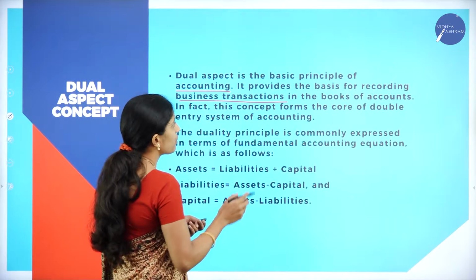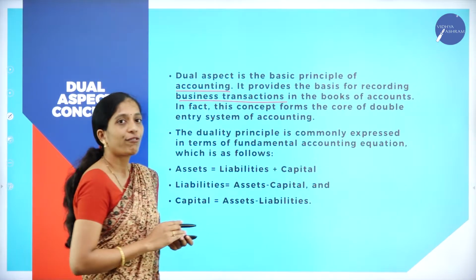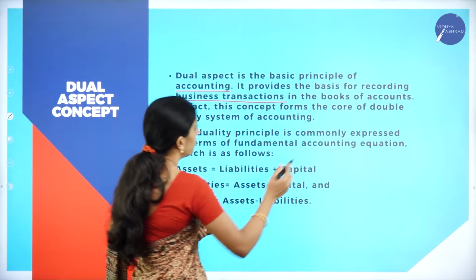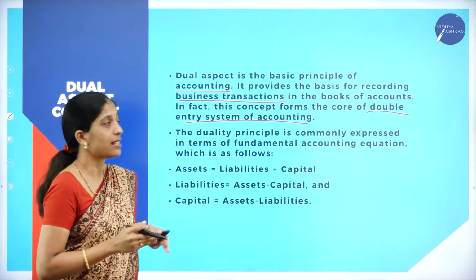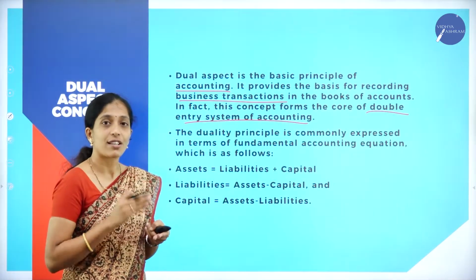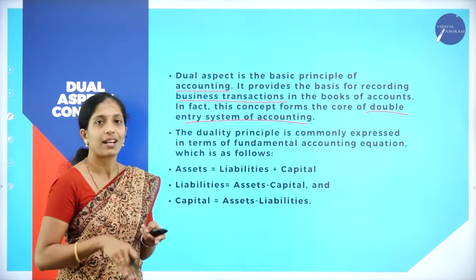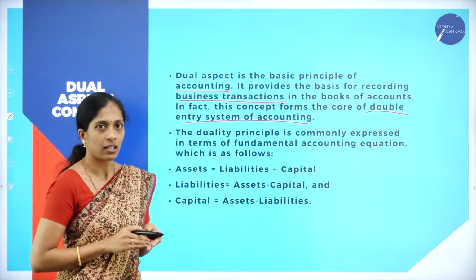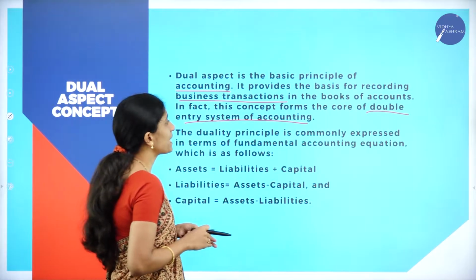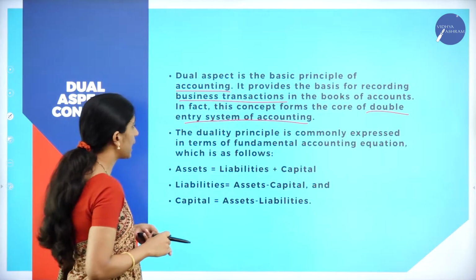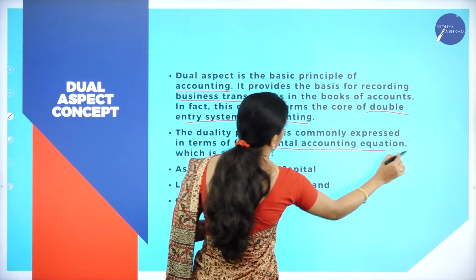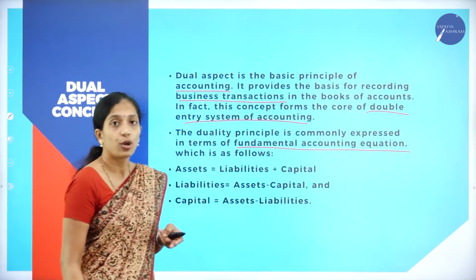In fact, this concept is the core of double entry system. Now, which is the core of double entry system of bookkeeping? That is dual aspect, because it has also two effects. One is giving as well as taking effect. The duality principle is commonly expressed in terms of fundamental accounting equation. So there is a fundamental accounting equation for this dual concept.